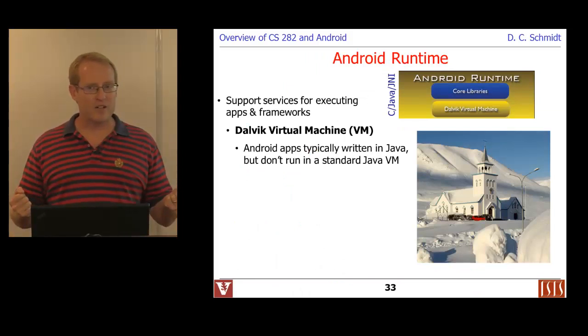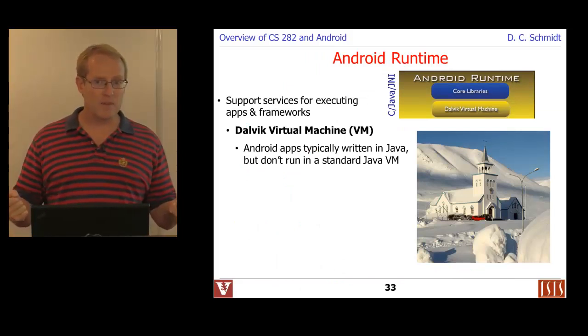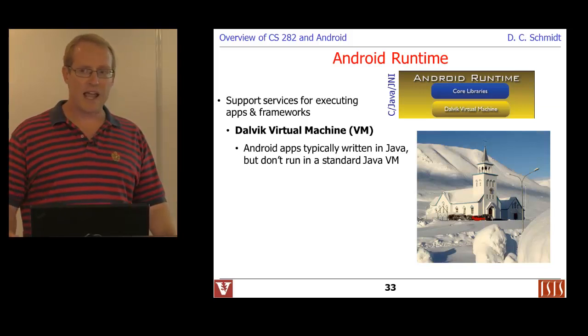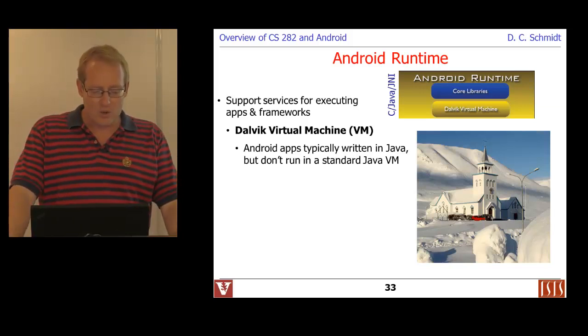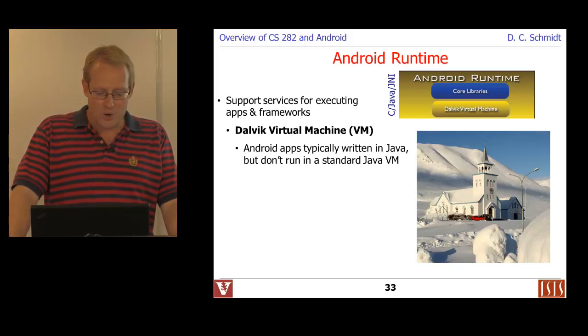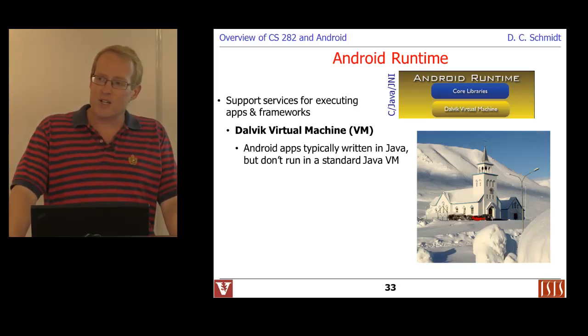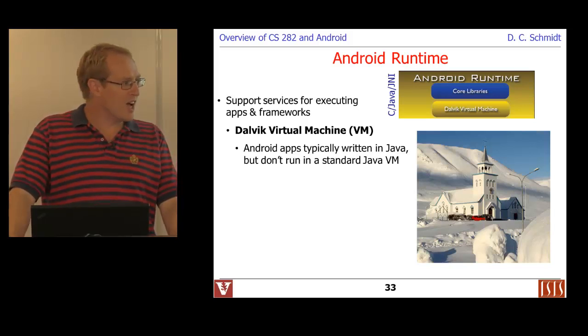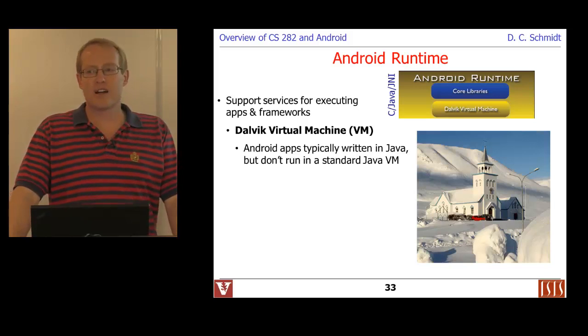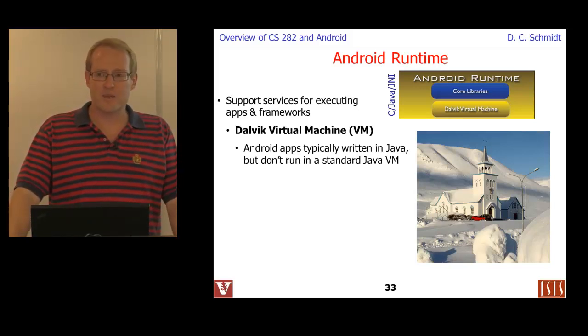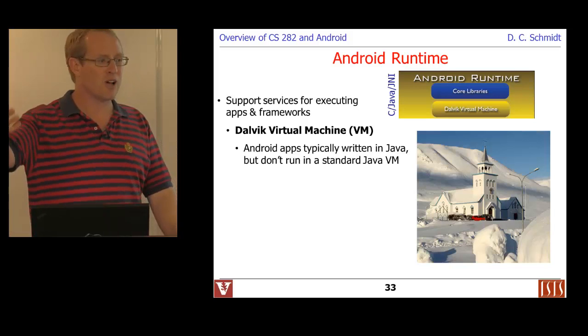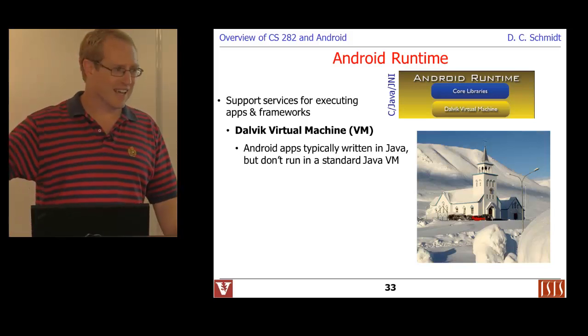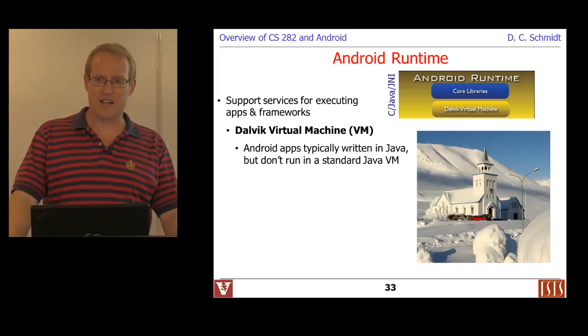Another set of things that they have in Android is the Android Runtime. This is basically Dalvik, and it's the class libraries. As you undoubtedly know, Android applications are developed using Java, but they don't run in a standard Java virtual machine, which, by the way, was the subject of a whole other lawsuit between Oracle and Google back in the day after Oracle bought Sun.